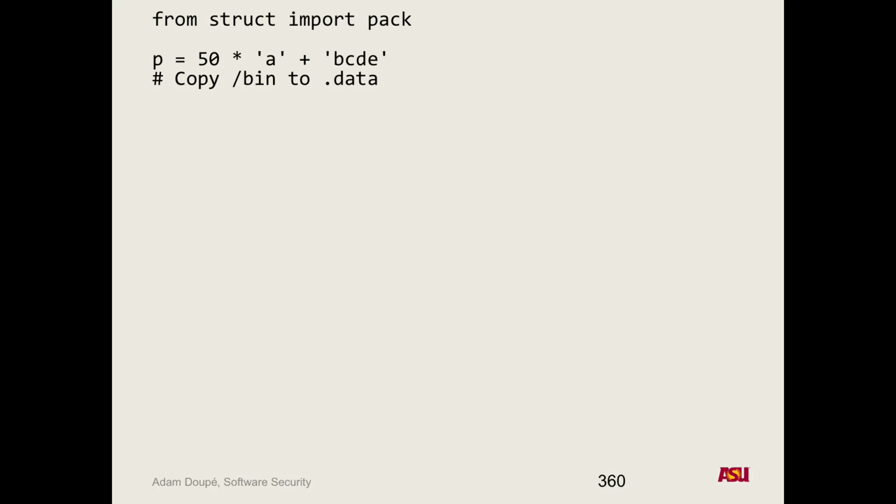The address of data. Which would be in EAX? /bin. Yeah, /bin. And then we call that gadget that writes from EAX into EDX. And then we do other stuff.